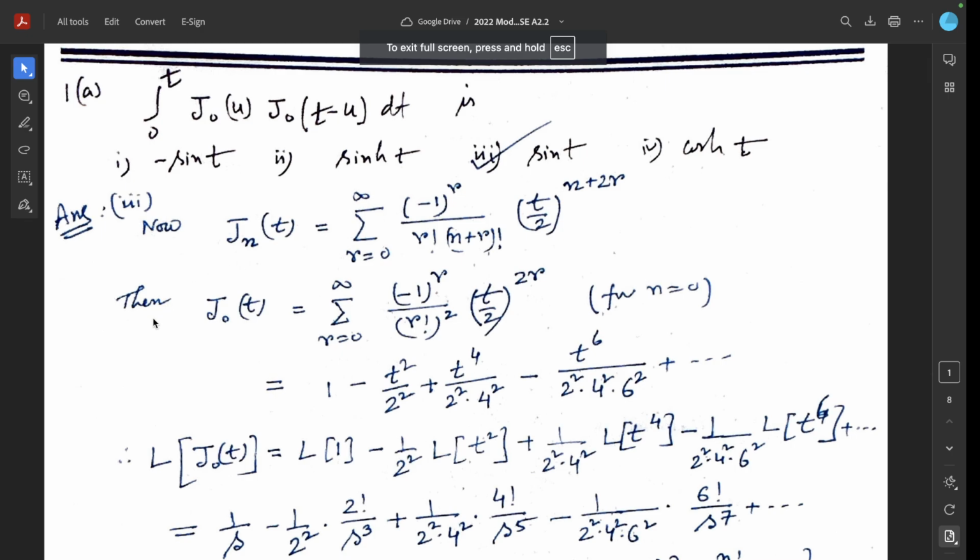First we find this Jn. Jn(t) equals the summation, r equal to 0 to infinity, of (minus 1) to the power r, over factorial r times factorial (n plus r), times (t by 2) to the power (2r plus n).